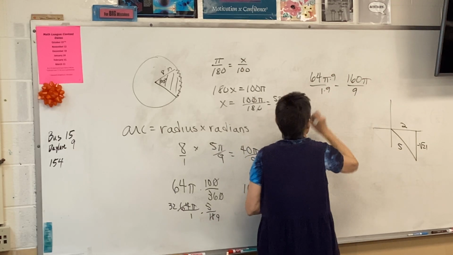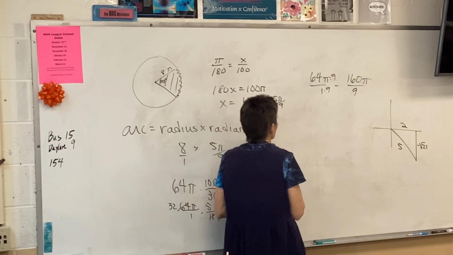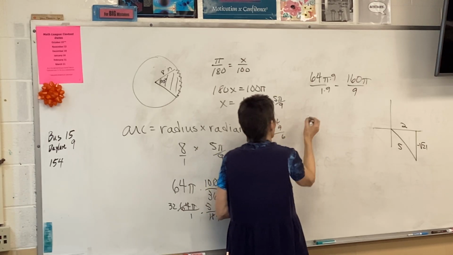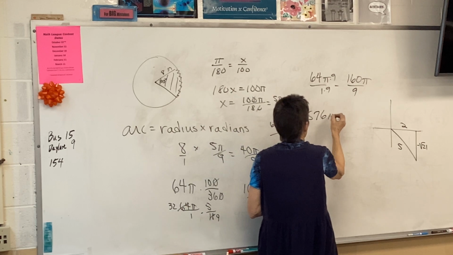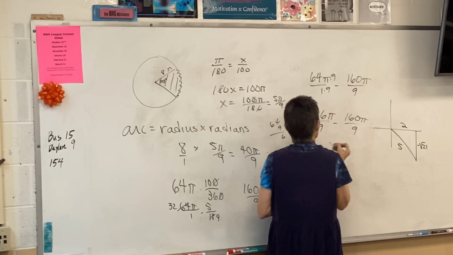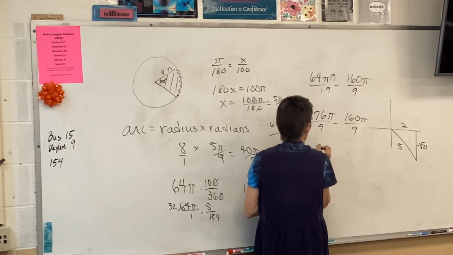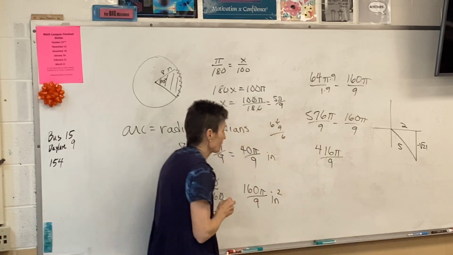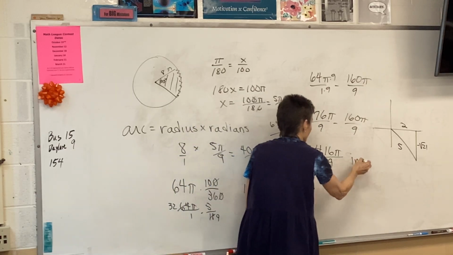Okay, so get a common denominator. What is that? 64 times 9, 576 pi over 9, minus 160 pi over 9. So you are going to eat 416 pi over 9 square inches. Oh my goodness.